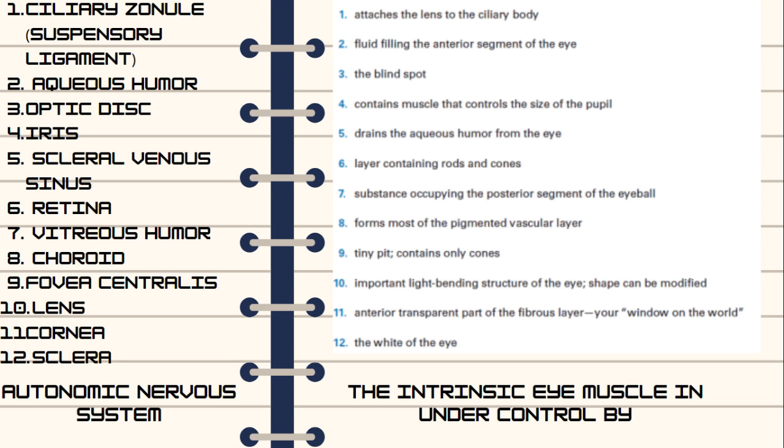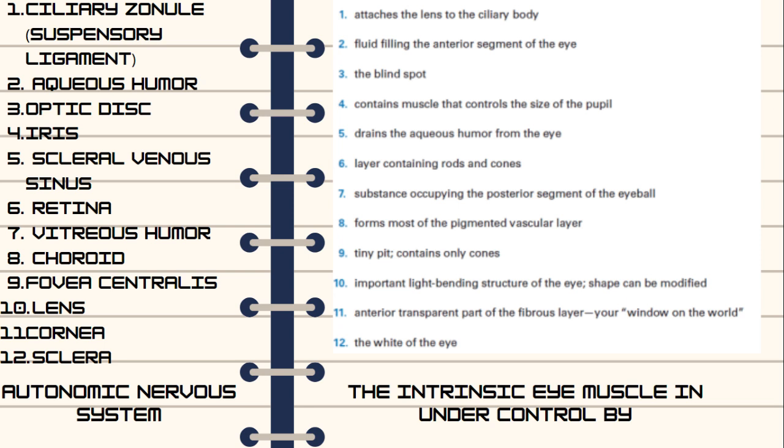Iris. Number 5. Drains the aqueous humor from the eye. Scleral venous sinus. Number 6. Layer containing rods and cones. Retina. Number 7. Substance occupying the posterior segment of the eyeball. Vitreous humor. Number 8. Forms most of the pigmented vascular layer.